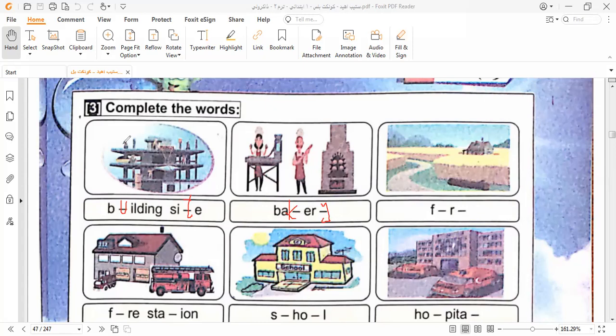This question is missing letters and a scramble of this vocab. Both must be studied by heart. Here is building site, bakery, farm. Okay.